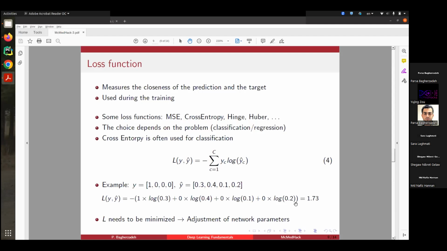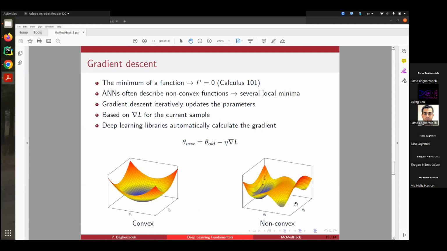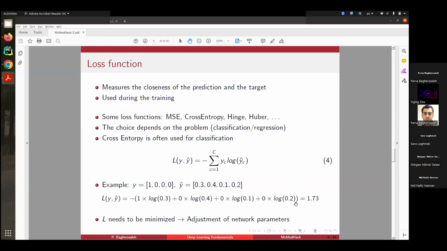So in the ideal case, the value of the loss should be 0, and we need to minimize the loss. But how to minimize the loss and how to optimize our network? Remember, when we are interested in minimizing a function, we need to see what the parameters of the function are.